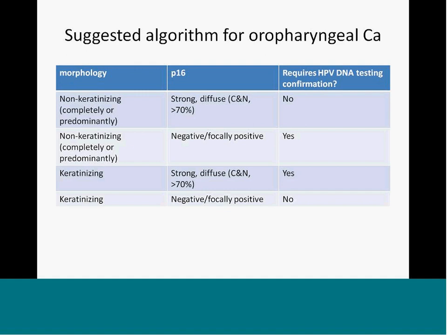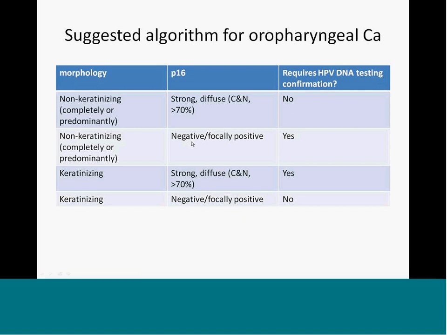Here's the suggested algorithm for oropharyngeal carcinomas. For non-keratinizing carcinomas, either completely or predominantly non-keratinizing, that have strong and diffuse cytoplasmic and nuclear staining in more than 70% of the cells, that's HPV-related non-keratinizing carcinoma, and you don't need to do any confirmatory testing.